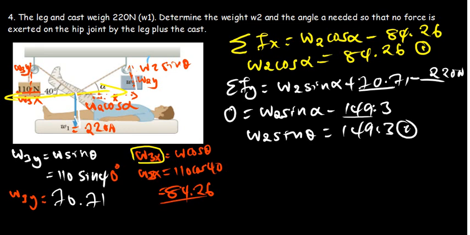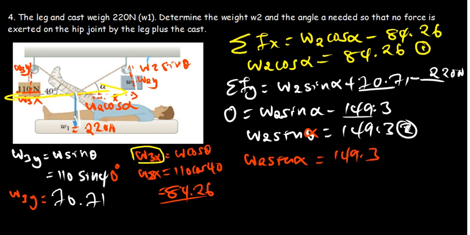Now when you have got two equations, you have got sine and the cos. Put the equation which has got sine on top and divide by the equation which has got cos. So in this case, we have this equation which has got sine: W2 sin alpha is equal to 149.3.